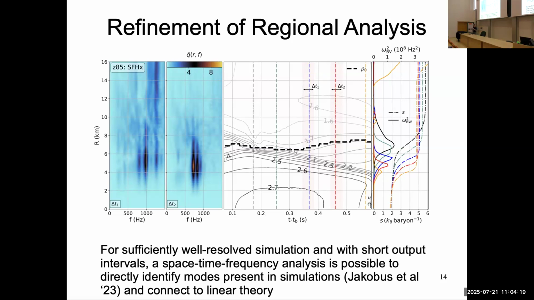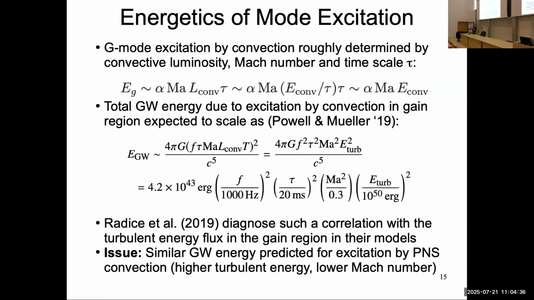So this is work that my former student Pia Jacobus managed to do, for example, when we discovered another signal component, and Juhai Shah has also been working on it. So we're really making progress in pinning down what the sources of emissions are and what the modes are, and can directly interlink the linear analysis and the 3D simulations.